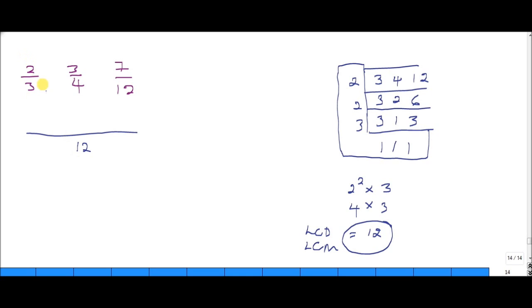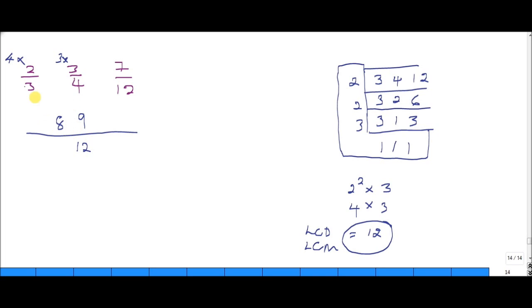Now that I have found a common denominator, I'm going to create the equivalent fractions. 3 into 12 will go 4 times, so I'm using the factor of 4 to multiply the numerator and the denominator. So 4 2's would make 8, and 4 times 3 would give me the denominator of 12. So 2/3 is equivalent to 8/12. 4 into 12 will go 3 times. 3 times 3 would make 9, and 3 times 4 would give me the denominator of 12.